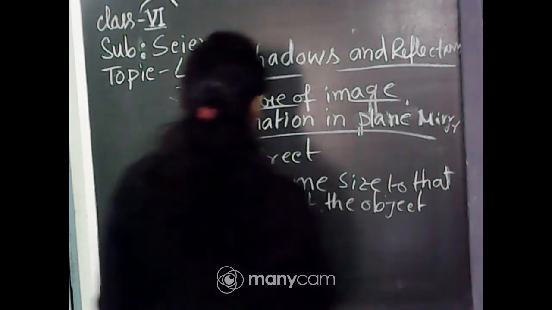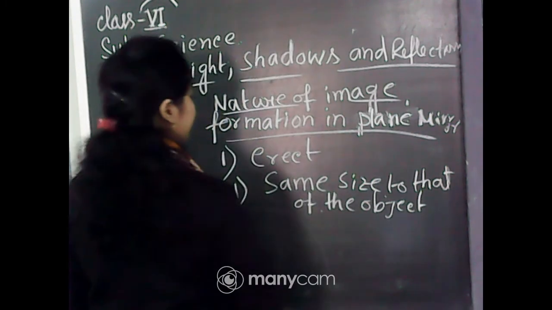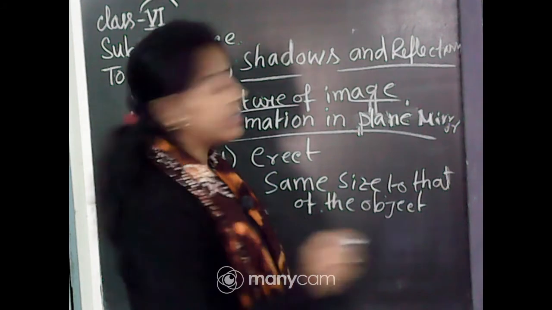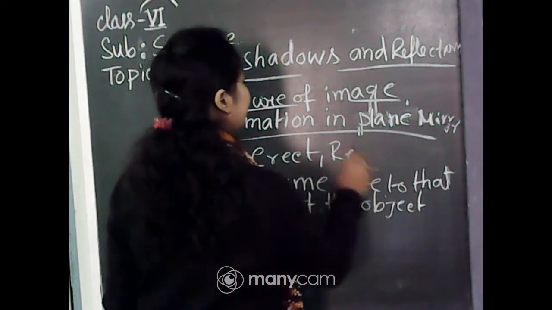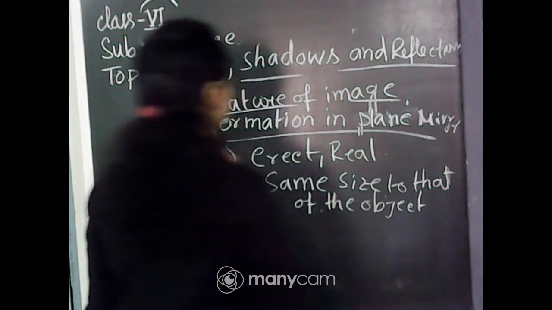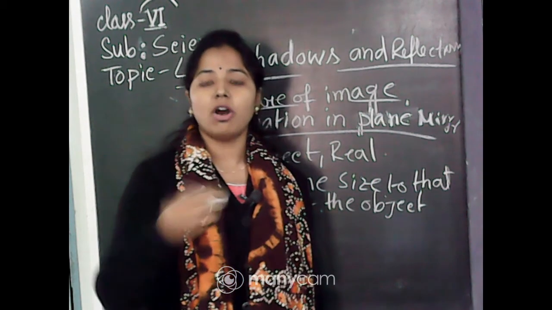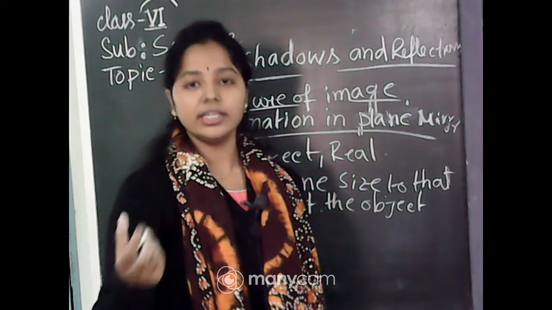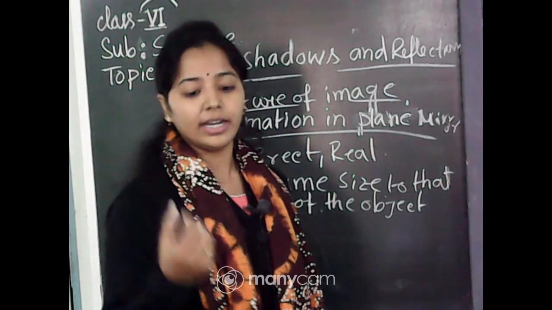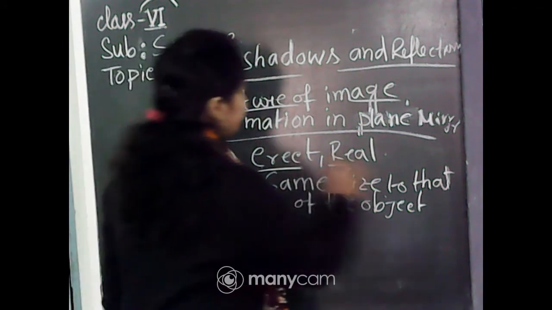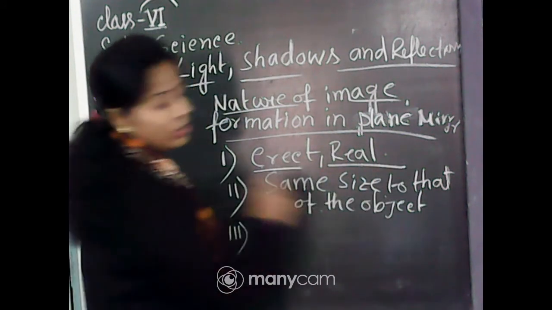Okay. Next point is the image is real, always real. You can write here real image is formed. Now, real image means the image which can be obtained on a screen. These images are known as real images. Okay. So the nature of the image is erect, real and same size as the object.